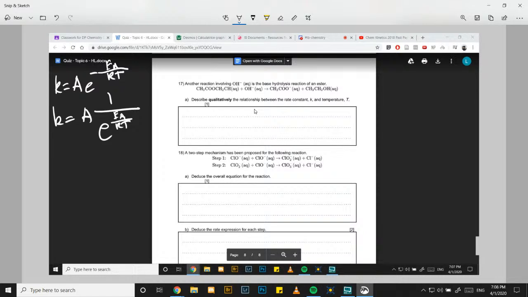And as the denominator gets smaller, the entire fraction gets larger. So everything gets larger, which means that the rate constant increases. So as the temperature increases, the rate constant increases. You can see this from the Arrhenius equation very easily. And that's qualitatively what the relationship is.